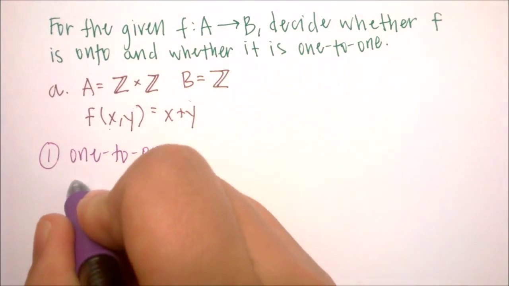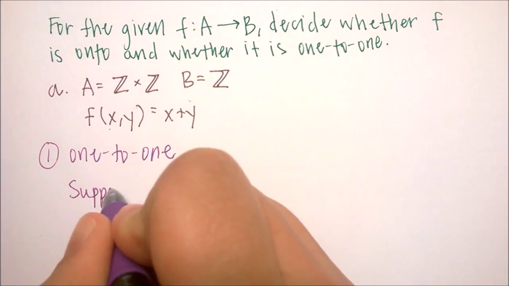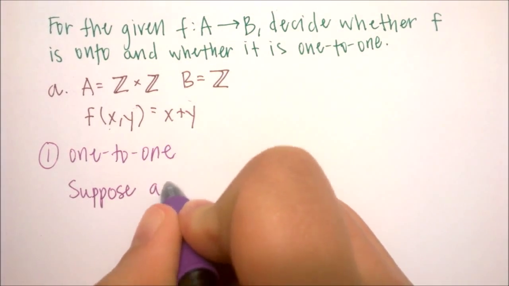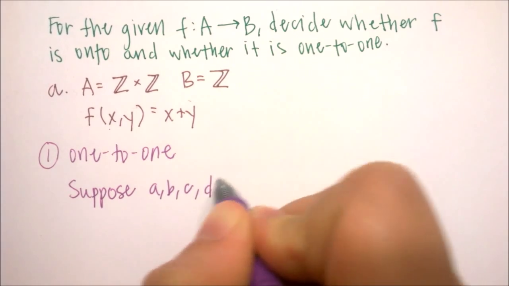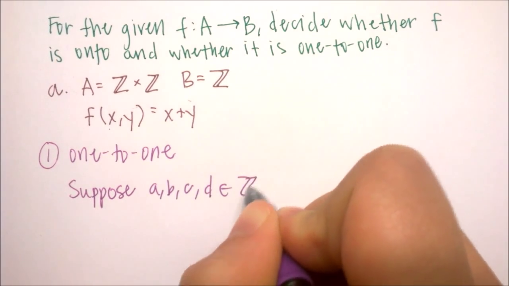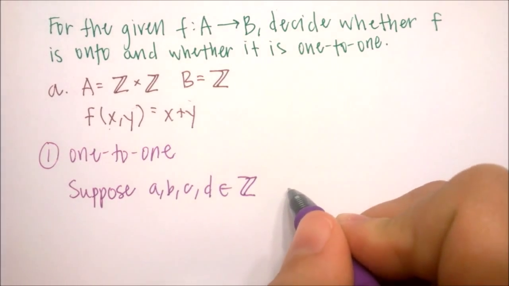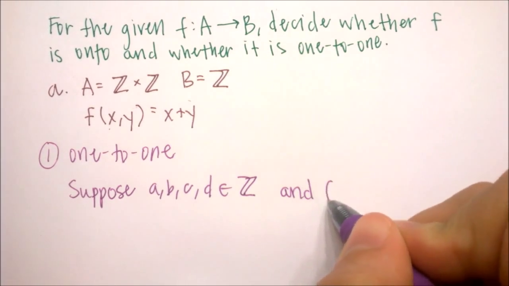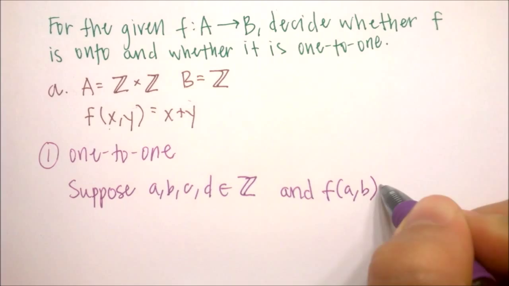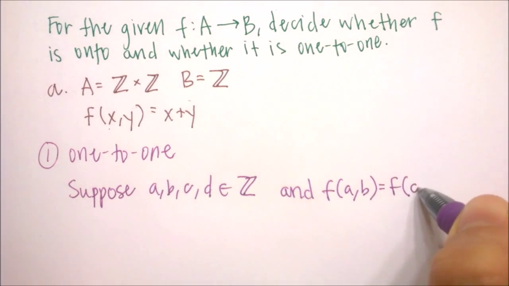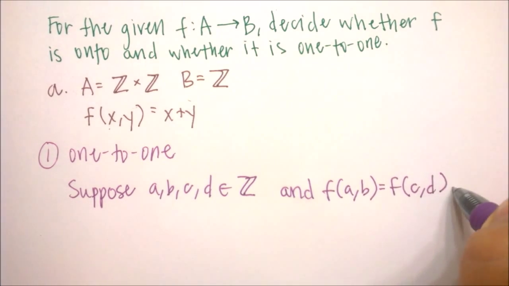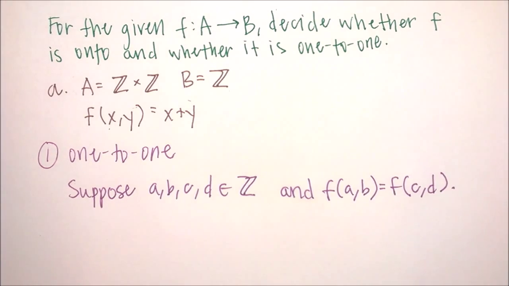So suppose a, b, c, and d are elements of Z, so they're integers, and f of a, b equals f of c, d. So this is our assumption here.